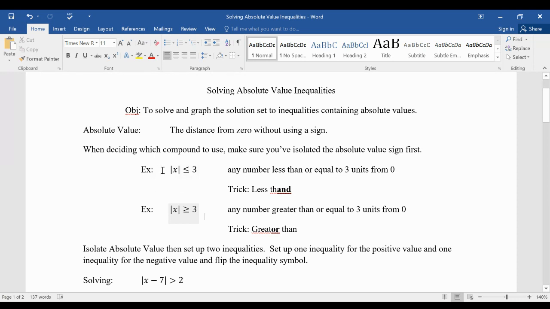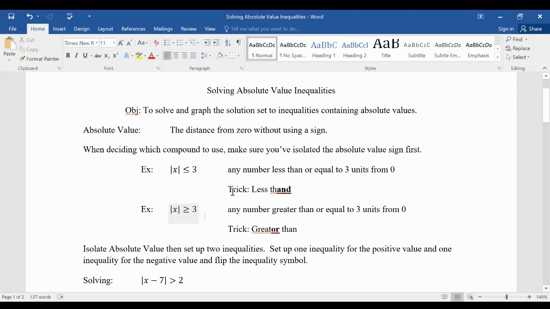So if there was a multiplied by -3 on the outside, I would have divided by -3 in order to flip the inequality. But once I've moved everything that's not the absolute value to the opposite side, now I'm going to look at the absolute value and read this sign. This is a less than sign. Whenever it's a less than, it means I can't be more than this many units from the center, okay? Or in this case, from 0.